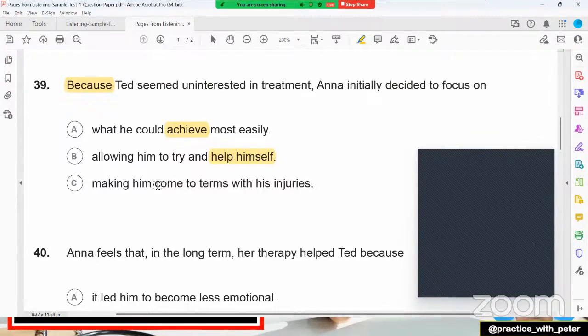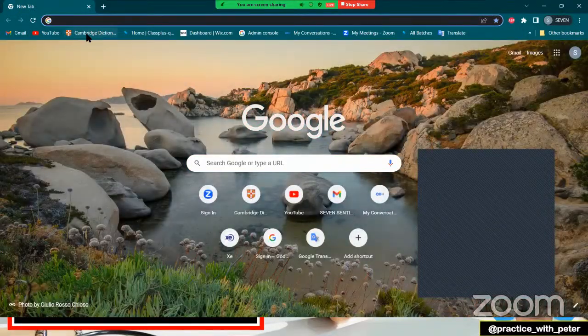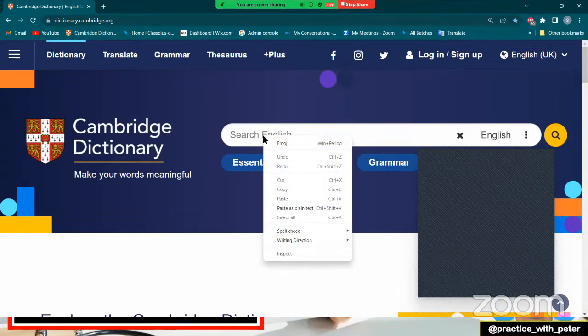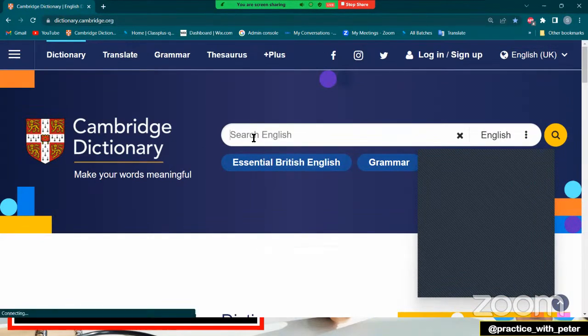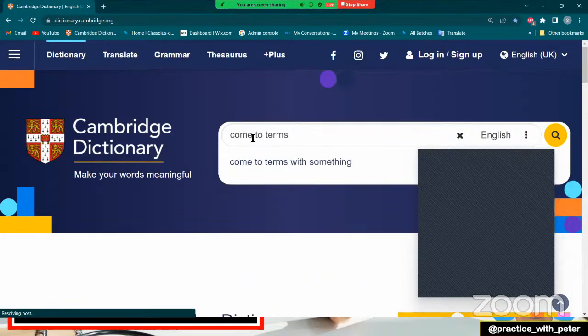Come to terms. What do you mean by come to terms? Is this a very important word? Come to terms is a phrase. What do you mean by this? It's adjust, accept.